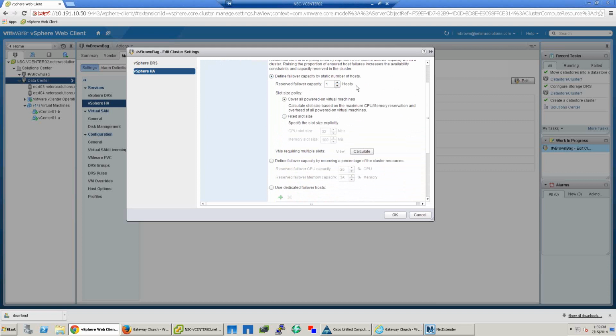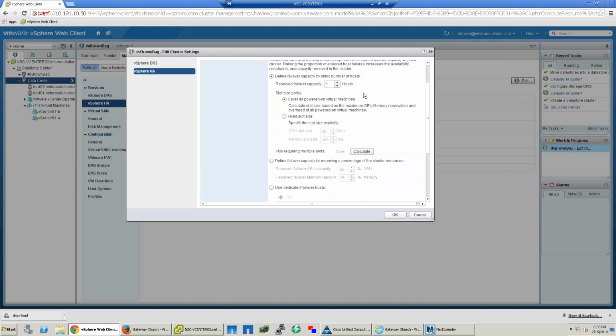So say you're running 50 virtual machines in a cluster, but you have one large SQL server that somebody said, I want to guarantee that my SQL server gets 10 gigs of memory. So I put a 10 gig memory reservation on that SQL server. If you're using this defined failover capacity by static number of hosts, your slot size is going to be, at least with regard to memory, 10 gigs.